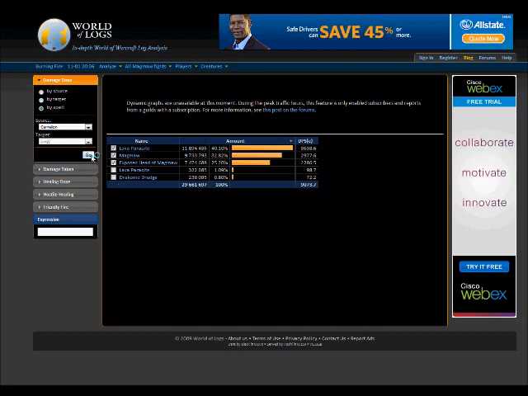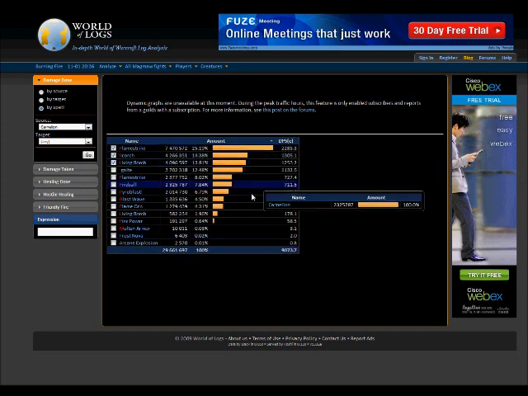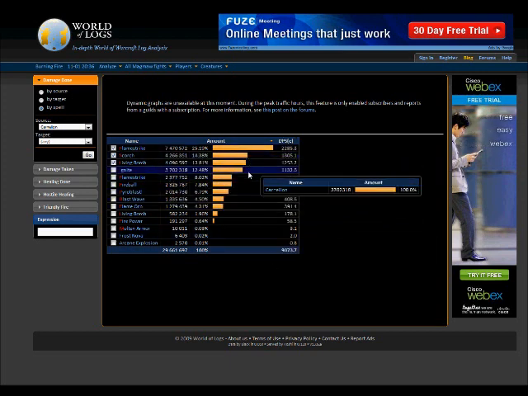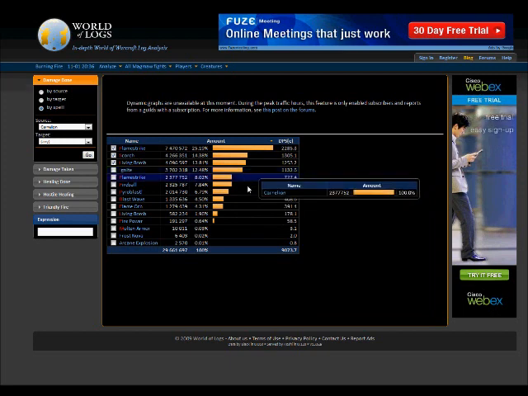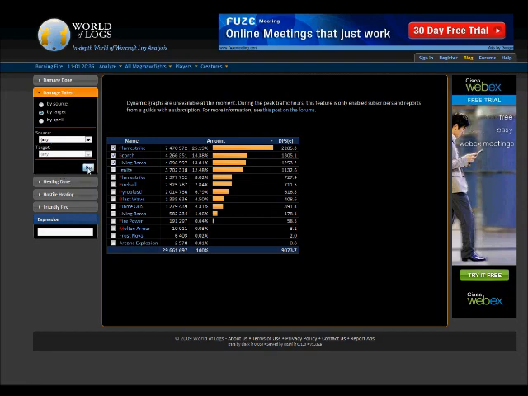I can also have a look by spell. At the moment I am still looking for a specific player. I can see what they cast the most, but there are more detailed charts if you want to look at specific players, so we'll come back to that when I talk about assessing the logs from an individual point of view. We have a look at damage taken.